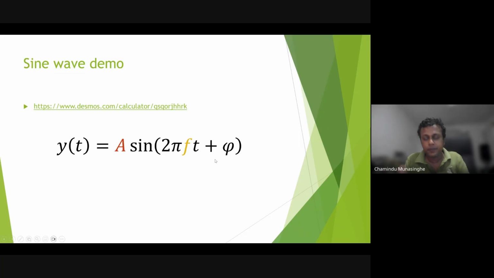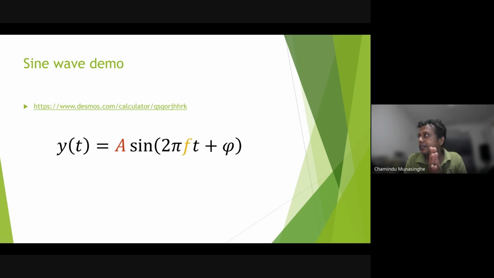Don't worry too much about it if you don't understand this at a glance. What this means is any waveform we can describe in terms of frequency, time, and amplitude. A is amplitude, right? And this φ is the phase angle.